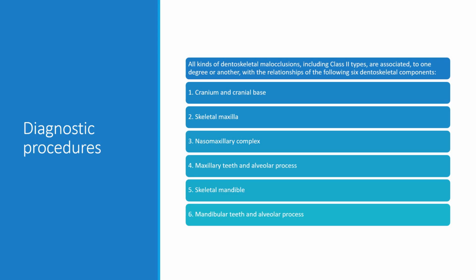Therefore, a systematic approach to diagnosis is the key to redefining treatment goals and treatment planning of various sagittal discrepancies and their resolution with appropriate treatment mechanics to ensure long-term stability.